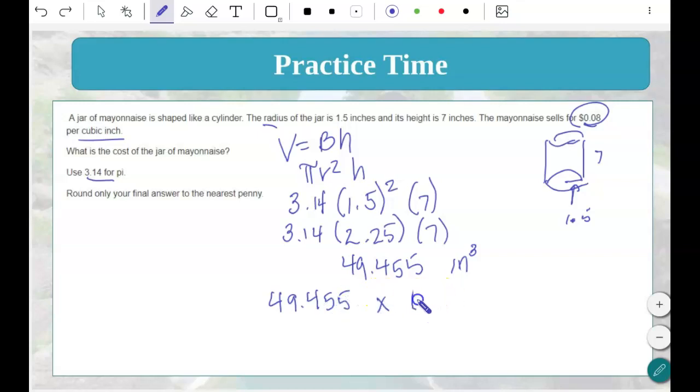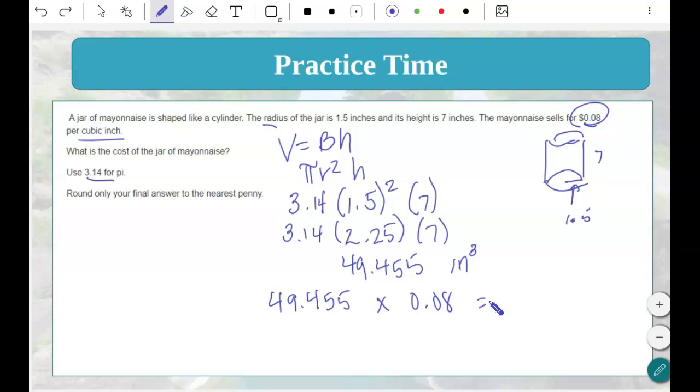You should already have that number in your calculator, 49.455 times, whoops, back up, it's messed up, times 0.08.